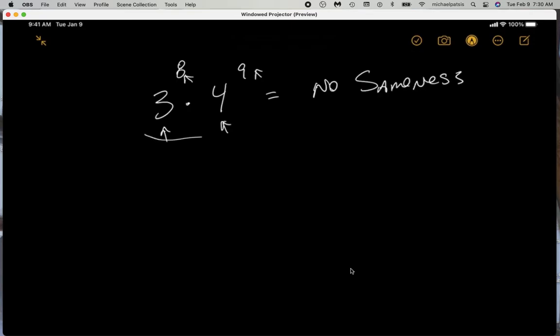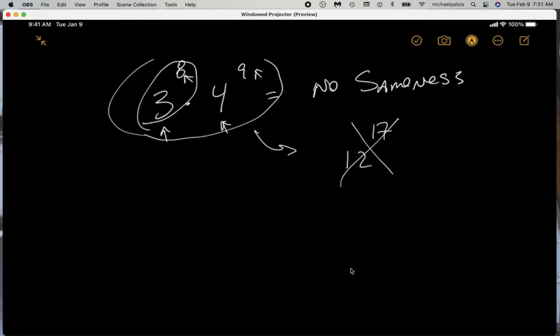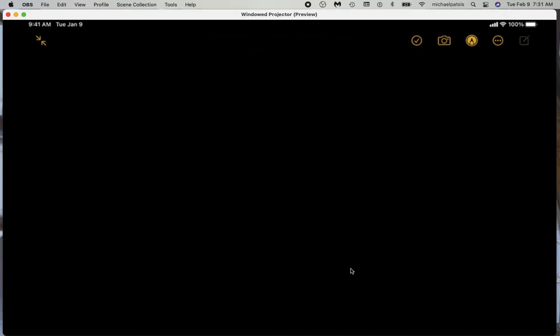Therefore, you cannot combine these simply. You can't do something like 12 to the 17th. That is not true. Okay, what you'd have to do is expand these separately. So whatever 3 to the 8th and 4 to the 9th combine to, then you would have to multiply them. There's no simple way to combine that scenario.